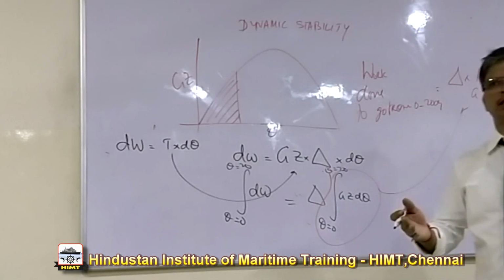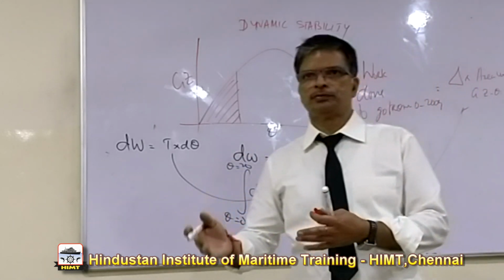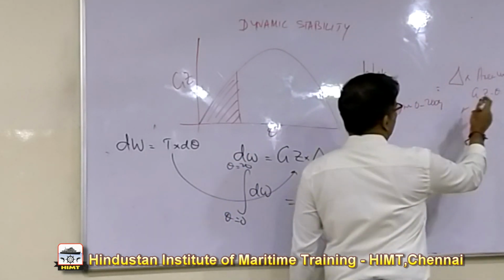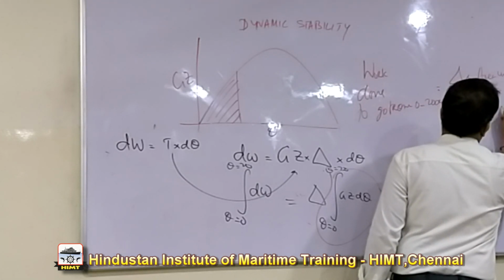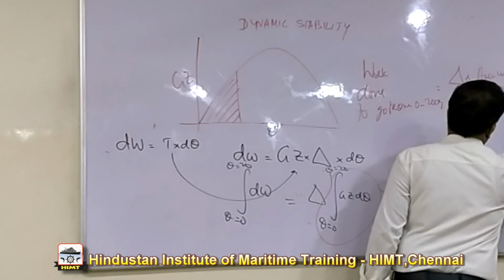The area also always has to be specified from here to there. Area under the GZ curve from 0 to 20 degrees.